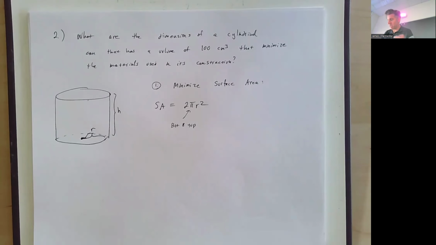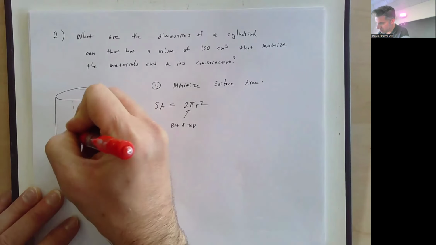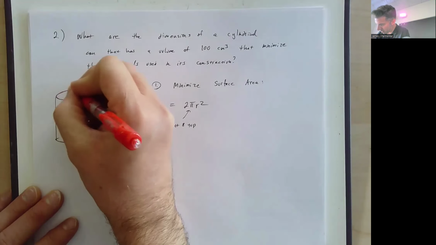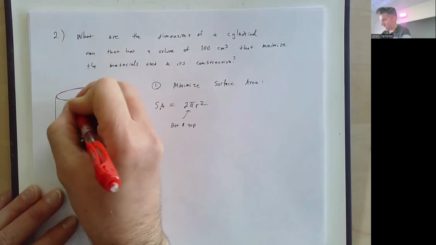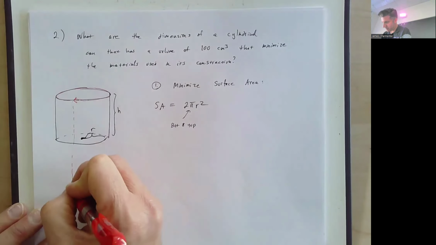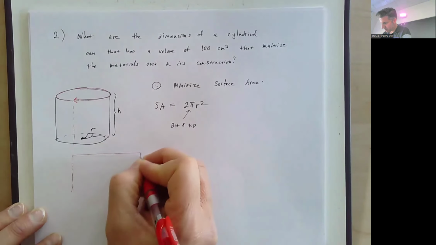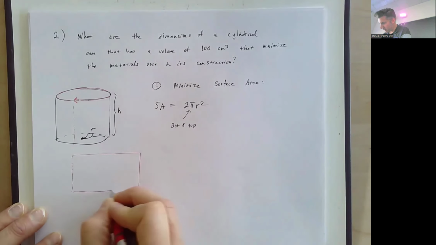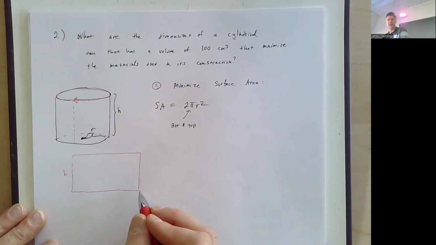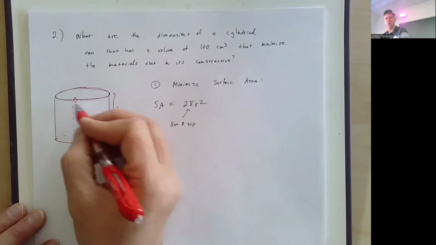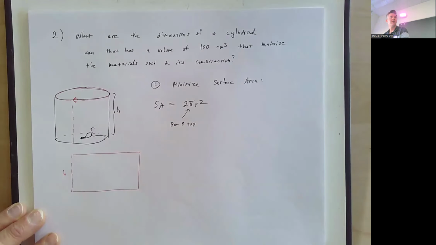So what we're going to do is take this paper towel here that goes around like that, and we're going to unroll that. And you've got a rectangle whose height is still the height and whose length is the what of the circle? What do we call that?